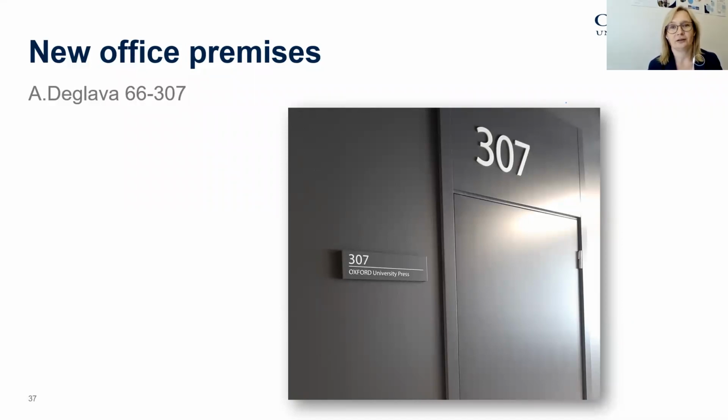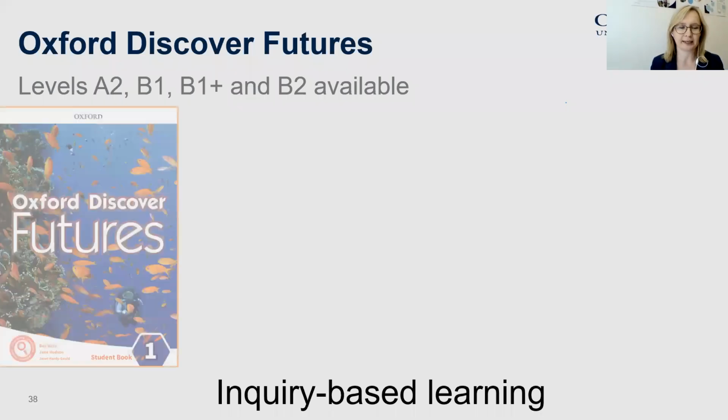We are at Dagleva 66. In case you will need to visit the office, just keep in mind that this is a new place. But in these conditions, of course, we are not working full time from the office. So if you plan any visits to the office, then let me know. We should arrange some time to meet.